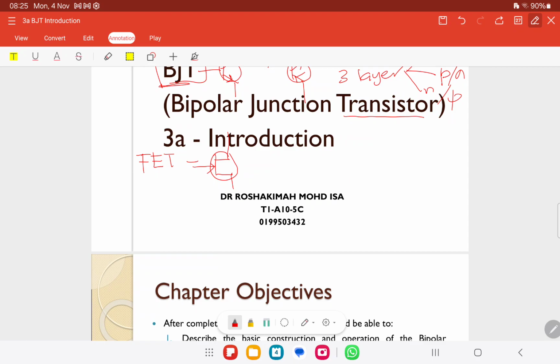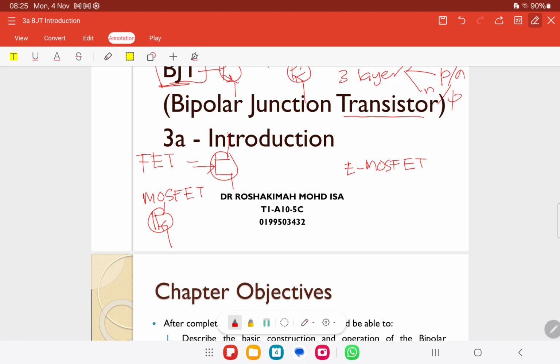Other than that, we also have MOSFET. MOSFET simbol dia is okay. And then we have MOSFET. MOSFET is metal oxide semiconductor field effect transistor.